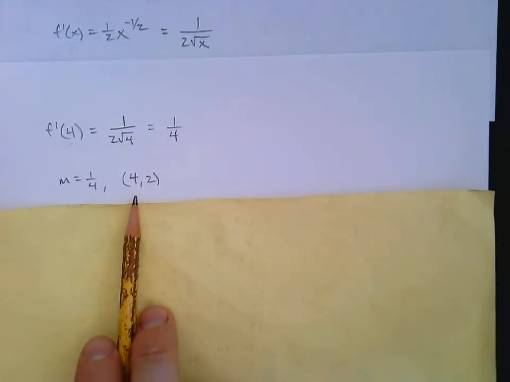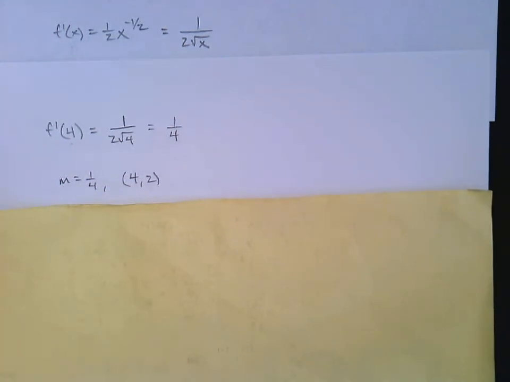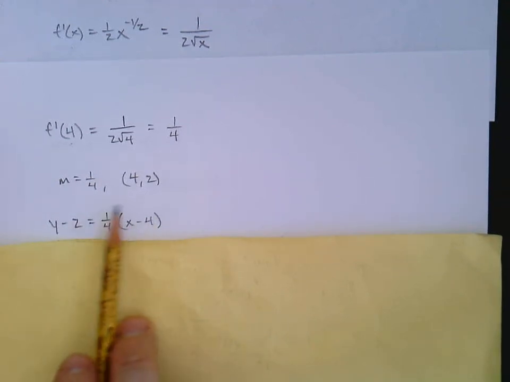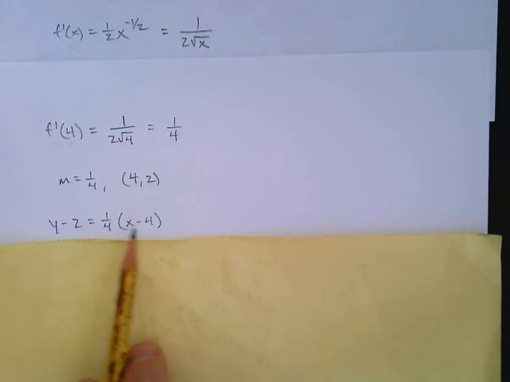And of course, we're going through the point (4, 2). So to get the equation of the tangent line, let's use the point-slope form. y minus 2 equals 1/4 times (x minus 4). And now here, there's a little bit of a difference between the way we normally do things. Normally, we would put this in y equals mx plus b form, right? We distribute the 1/4 and so on.